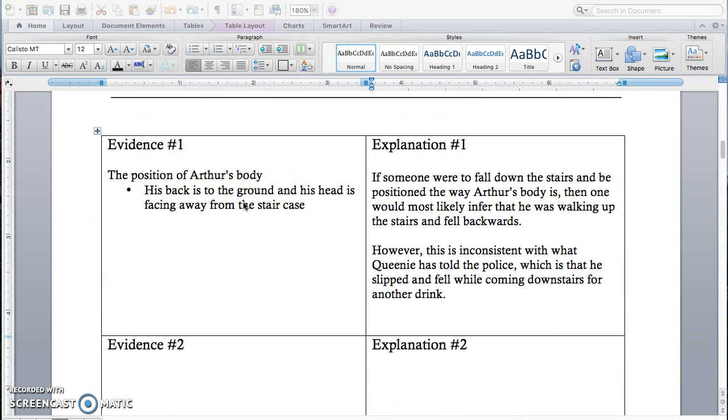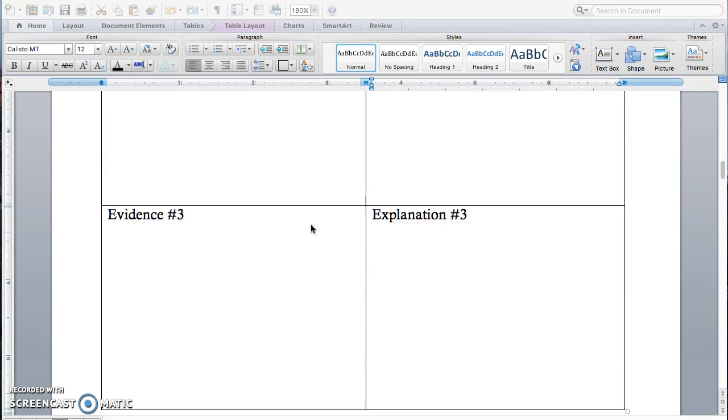So that could be used as a piece of evidence, and here's some explanation for that, that it seems inconsistent with what Queenie had told the police. That's just an example, and if you disagree with that, that's completely fine and fair game. Remember though, whatever you're claiming, you need to be able to explain.